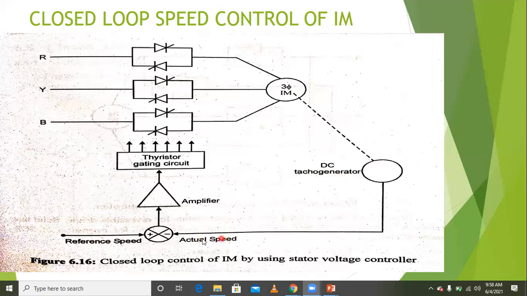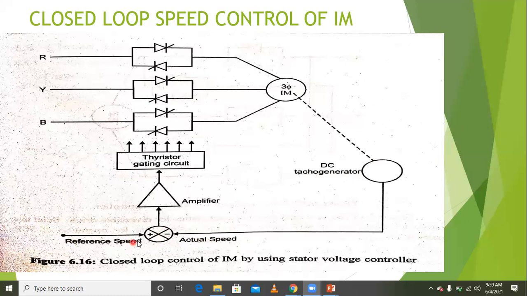The difference between these two voltages is compared in the comparator. It compares the reference voltage and actual voltage, that is, the reference speed and actual speed.